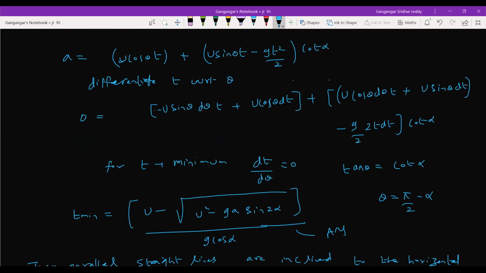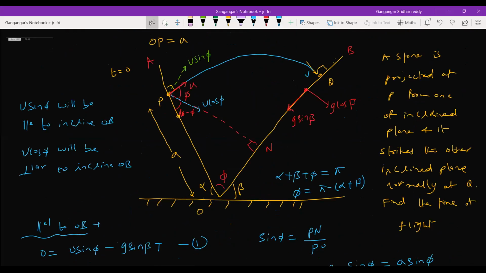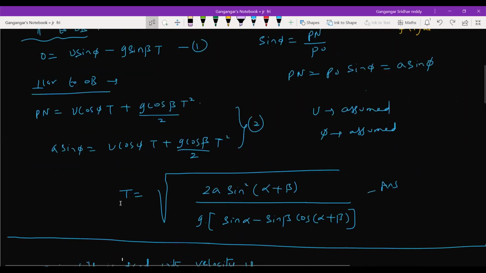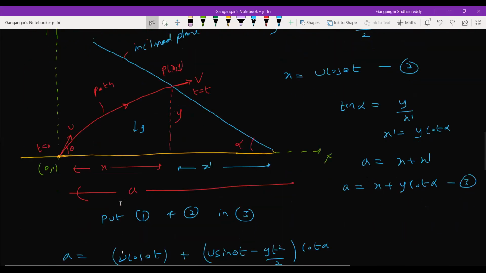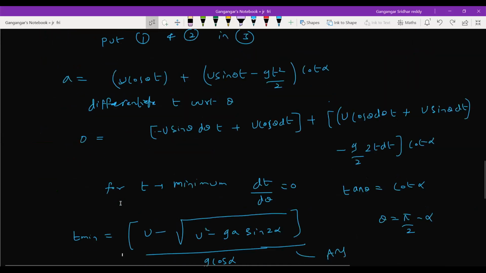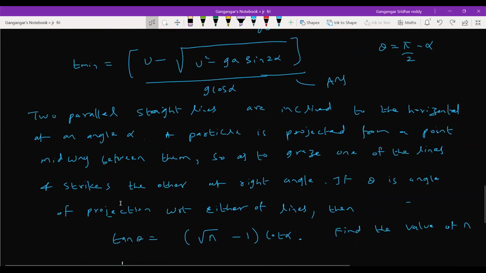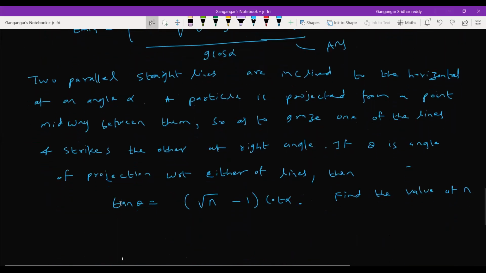Okay, so you can scroll down now. Okay, read. I'll display the question. Read carefully. If you can draw the diagram, then you can manage.